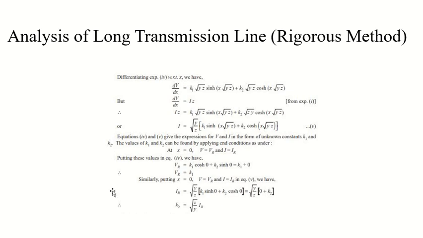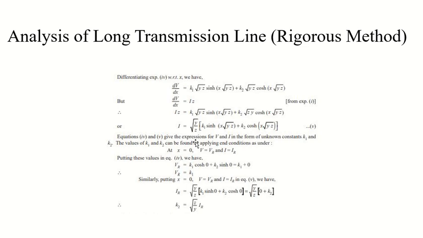So we have under root of y by z, because y was already having 1/2 power. So I is equal to under root of y by z into k1 sinh x root yz plus k2 cosh x root yz. We will call it equation 5.